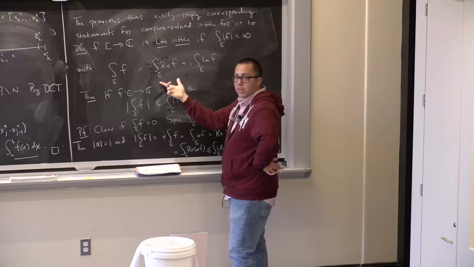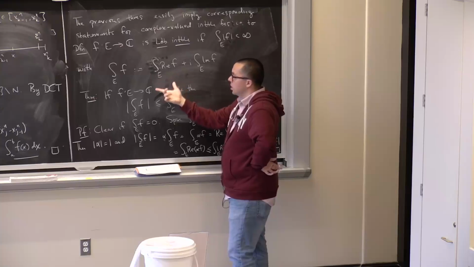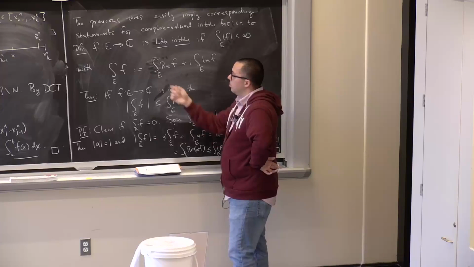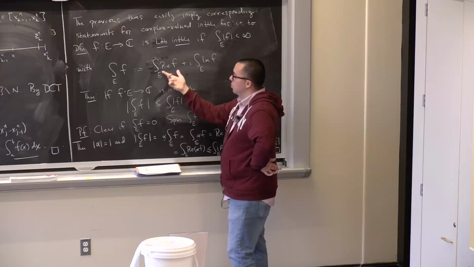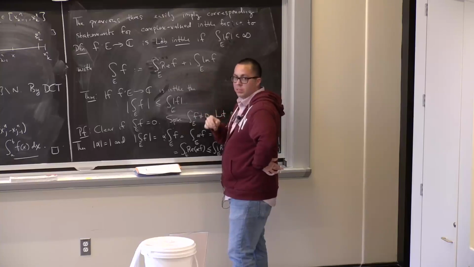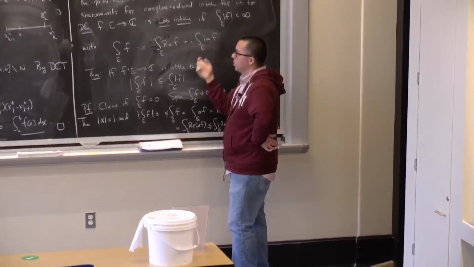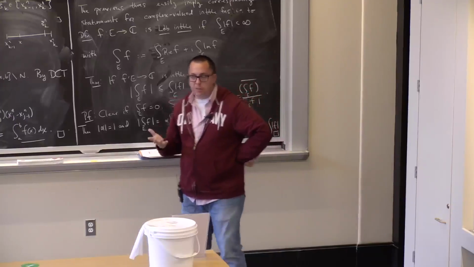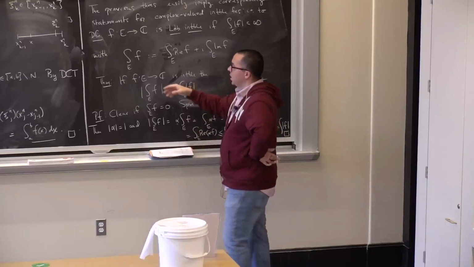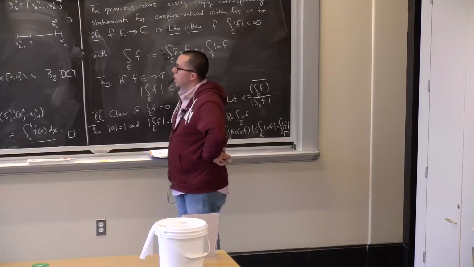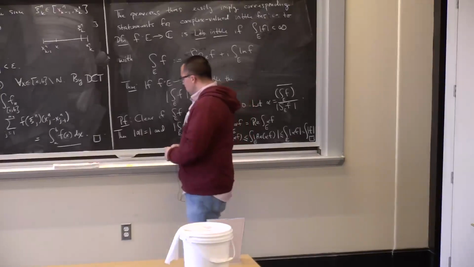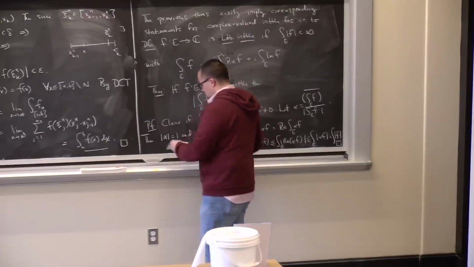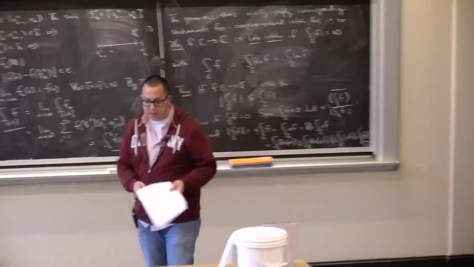And since we know that this equals the Riemann integral of the real part of f, and this equals the Riemann integral of the imaginary part of f, which is by definition equal to the Riemann integral of f, then we immediately get the previous theorem generalized to complex valued functions. So all right, that's the theory of Lebesgue integration.